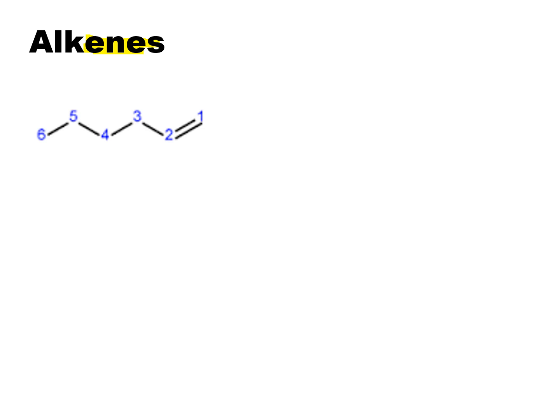Now the double bond encompasses 2 carbons. So am I going to use 1 or am I going to use 2? It doesn't make any difference. We don't need to specify both. If we are saying where it starts, it can only end at the next number. So we're going to use the first number of the double bond, the lowest, to indicate the double bond.